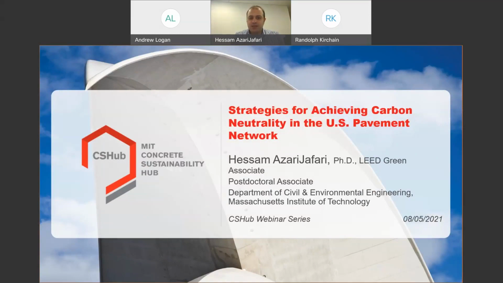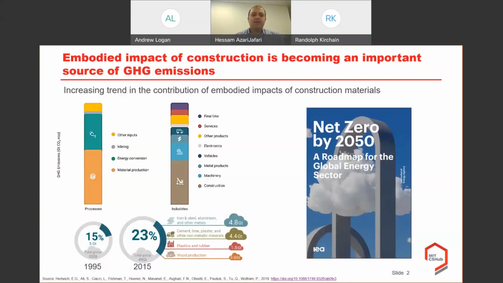So to start this presentation, I want to talk about the motivation of this research that we observe in different research reports and in different projections that the role of materials, specifically construction materials, in the total GHG emissions of the world is increasing.